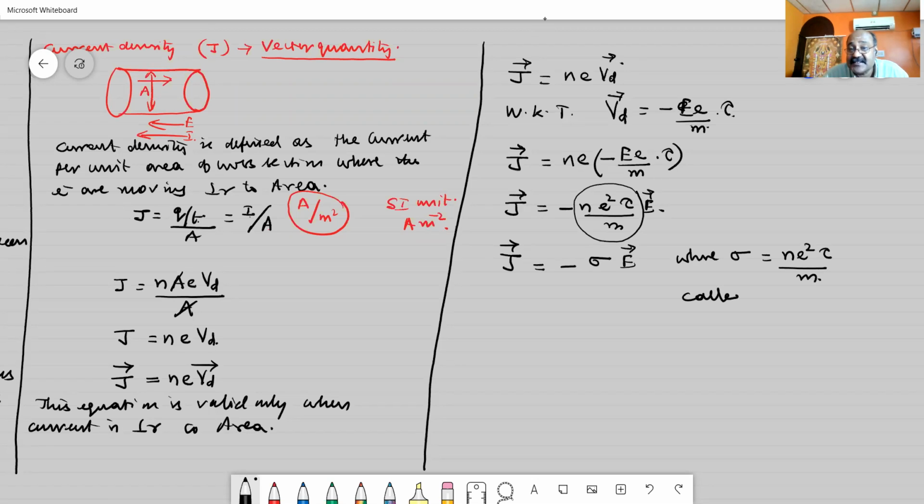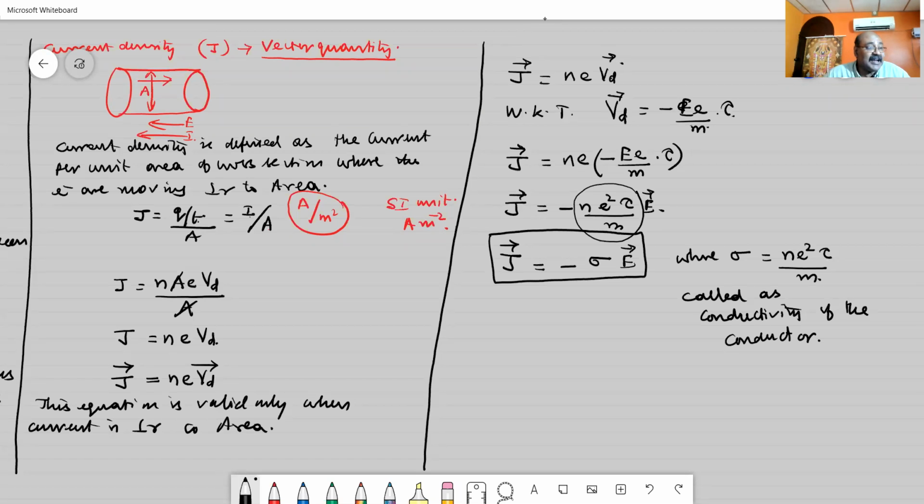This constant is called the conductivity of the conductor, which we shall explain later. So finally, I got the expression: J vector is equal to minus of sigma into E.